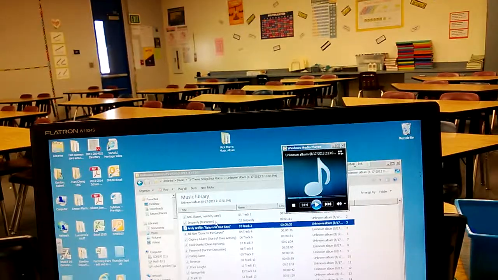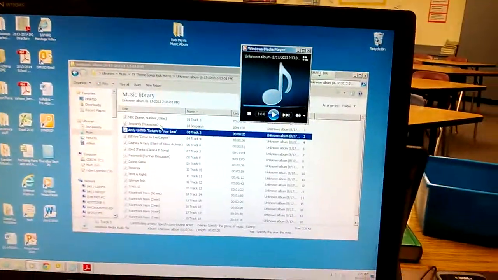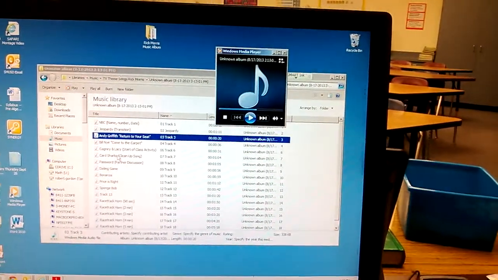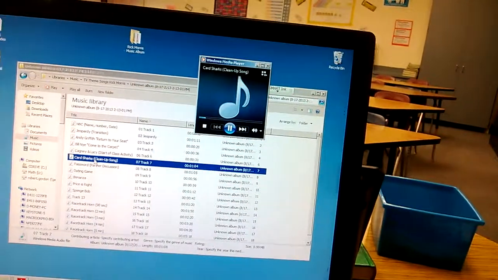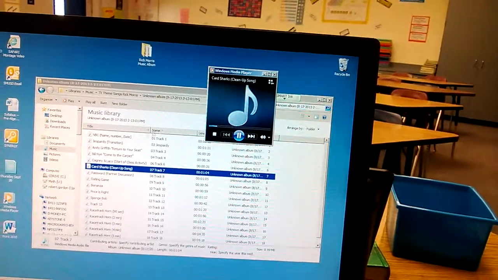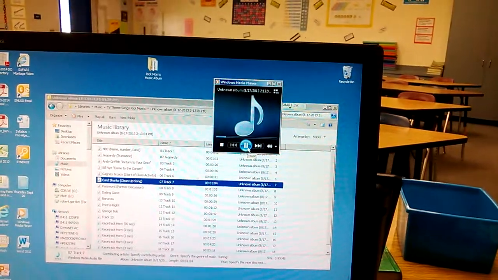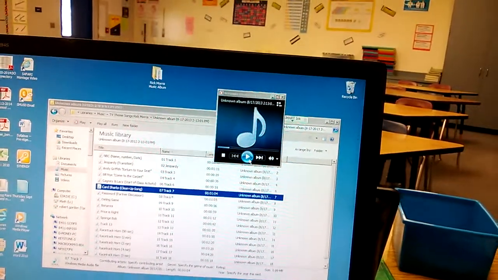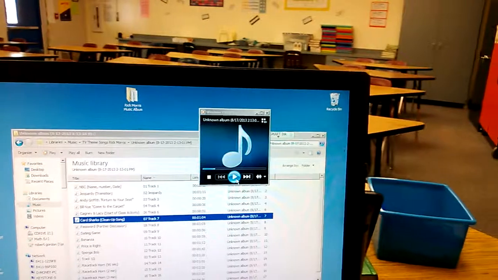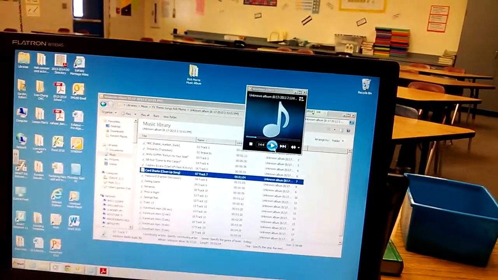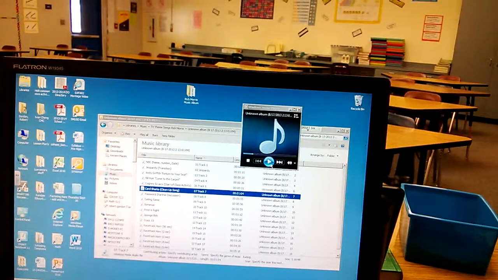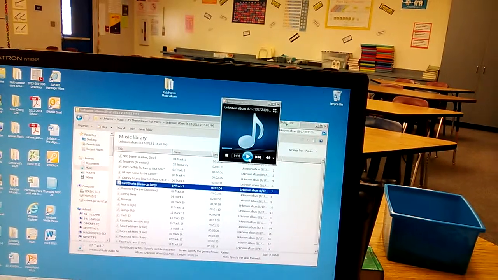I also have a cleanup song. It's just over a minute. It's an upbeat song. It gets them moving to clean up and get themselves all ready for the end of class for passing period.